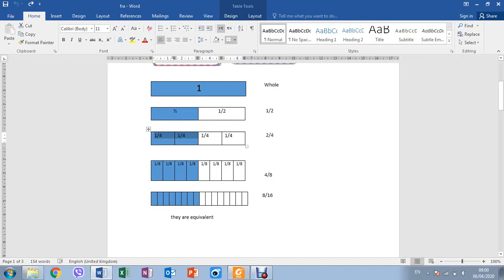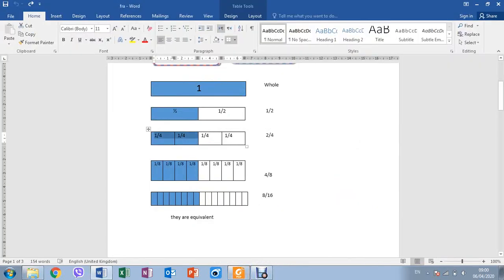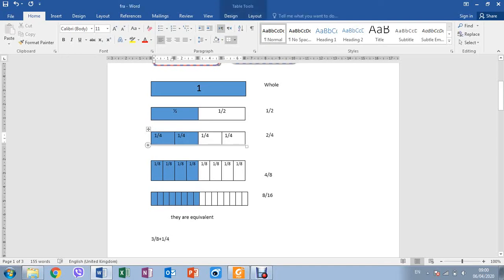Now we have 3/8 plus 1/4. Look, 1/4 is this cell, and if we line it up, it equals 2/8.